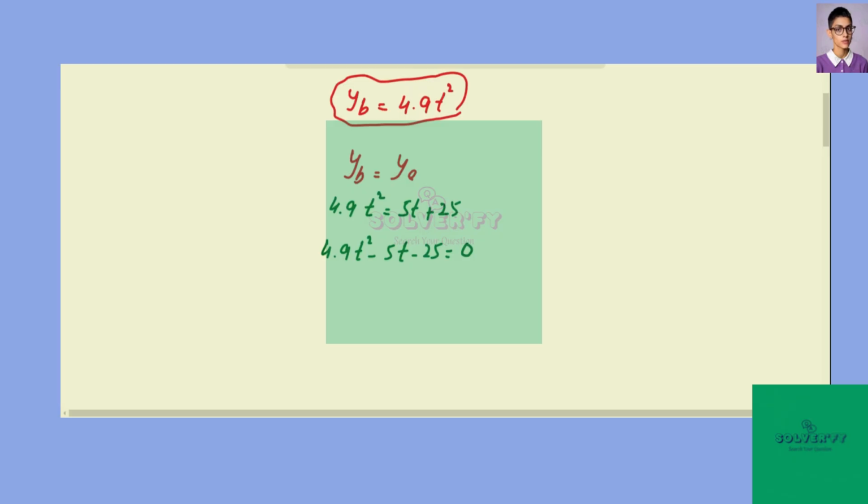Here we will get two values for t, and the value which is required for us is 2.83 second. So this is the time after which the loosely attached bolt that starts to fall will hit the elevator.